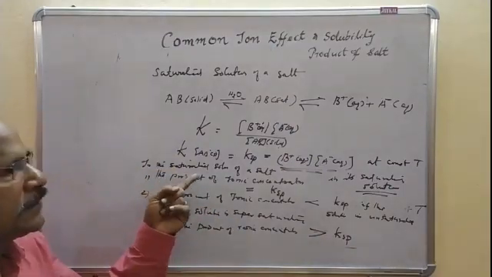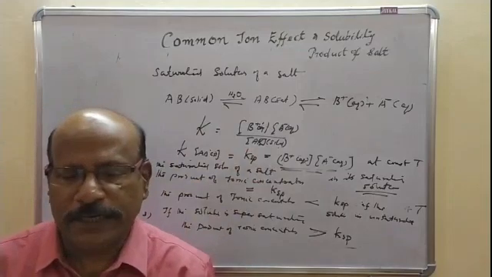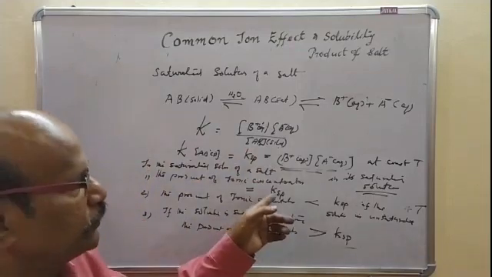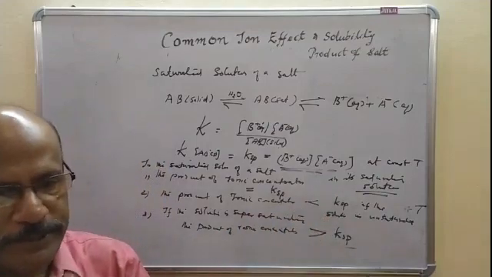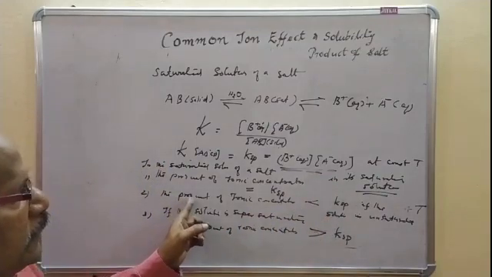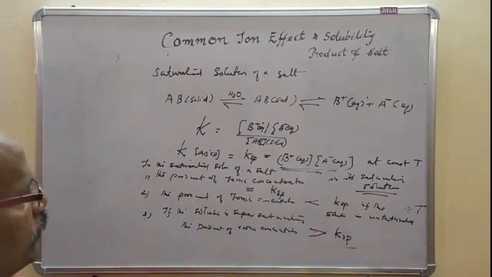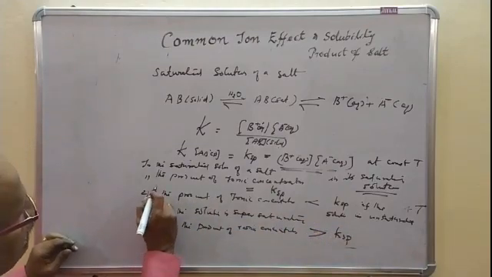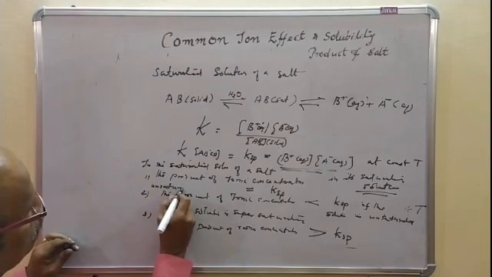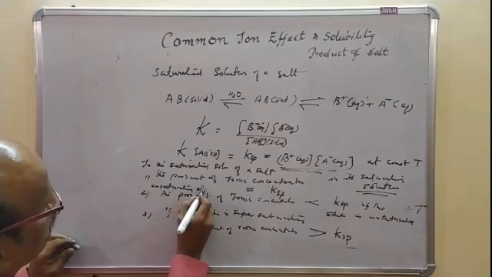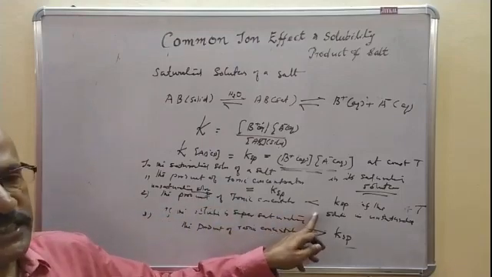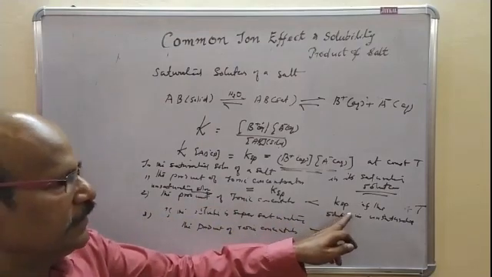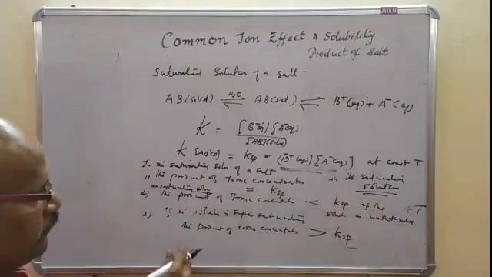That is, in the saturated solution, the product of the ionic concentration is always equal to the solubility product Ksp of the salt at a particular temperature. But in case 2, the unsaturated solution, the product of the ionic concentration is lesser than Ksp at a particular temperature.